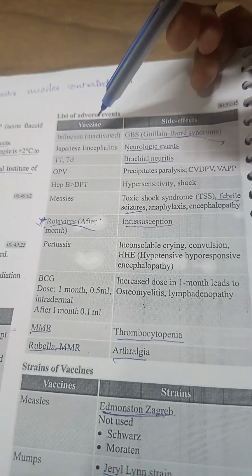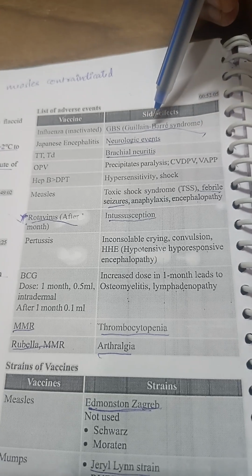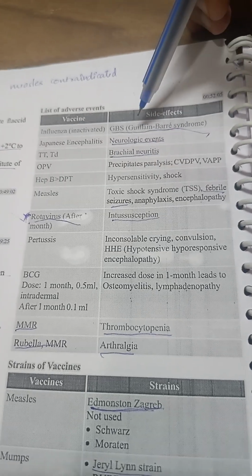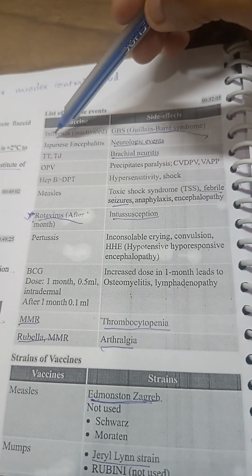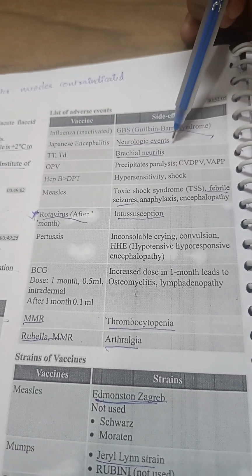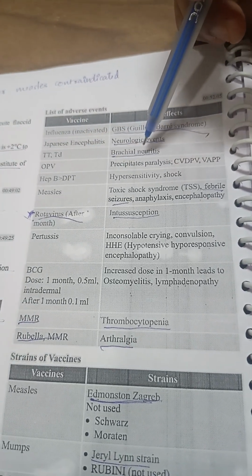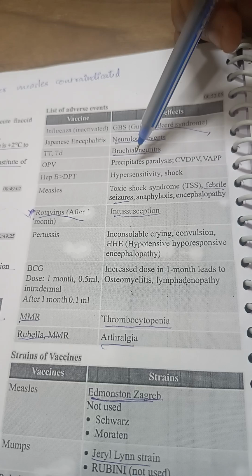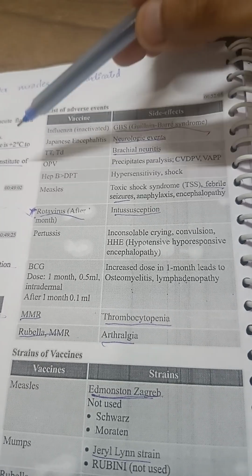List of adverse effects by vaccine. Influenza inactivated: Guillain-Barré syndrome. Japanese encephalitis: neurologic events. TD: brachial neuritis. OPV: precipitate paralysis, CVDPV, VAPP.